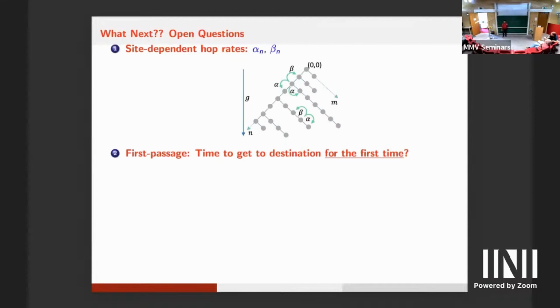But the most important thing is that you end up with a continued fraction, which we struggled to find an exact closed form expression for. Let's say I want to know the probability here.